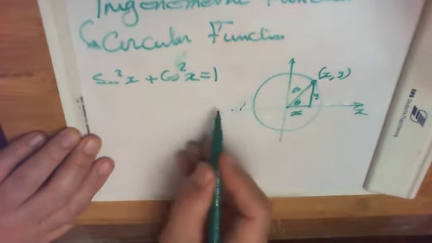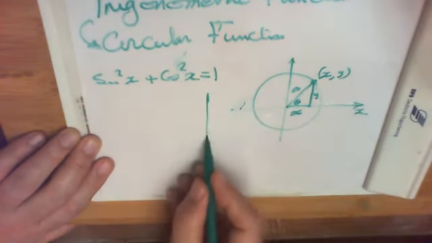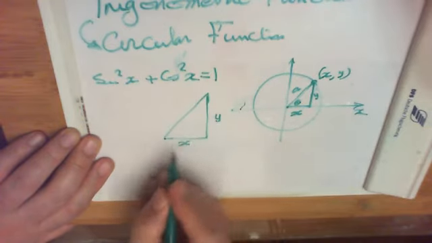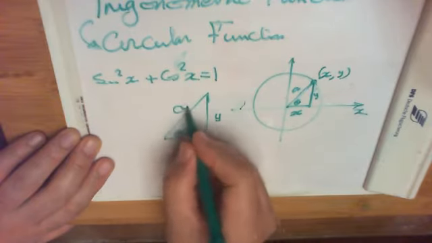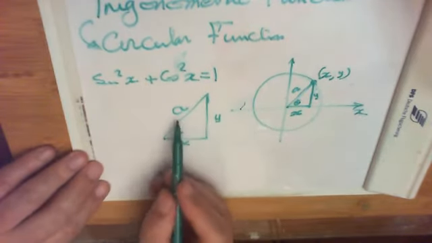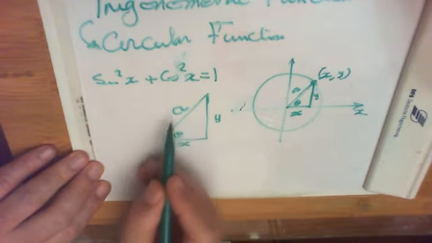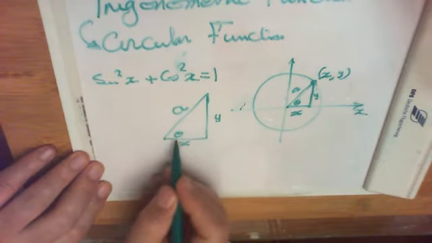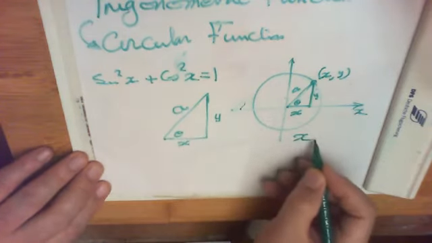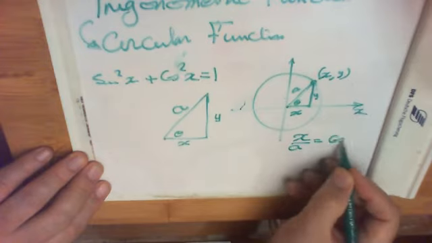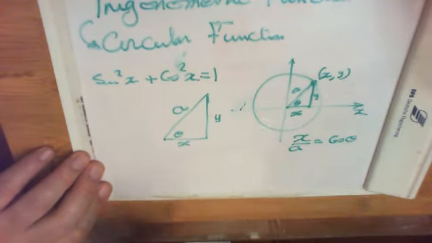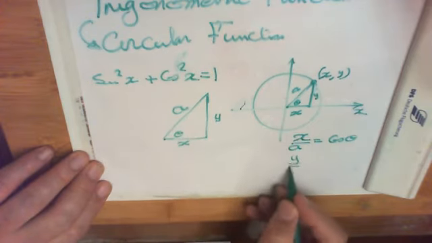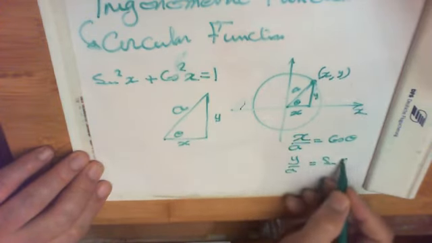From this right angle triangle, opposite is y, adjacent is x, hypotenuse is a. What are the relations between the coordinates x, y and the radius of the circle? As you know, x over a is cosine theta, and y over a represents sine theta.